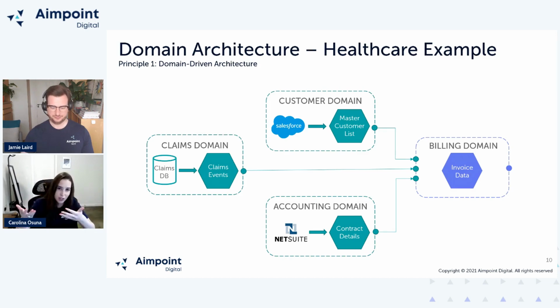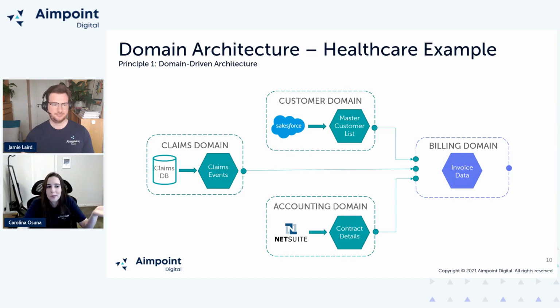So, as a result, a billing domain, which uses data products from other domains, can trust that the data that's feeding into their invoice data product will be consistent, and that they should only be concerned for what they are responsible for, in this case, generating invoice.